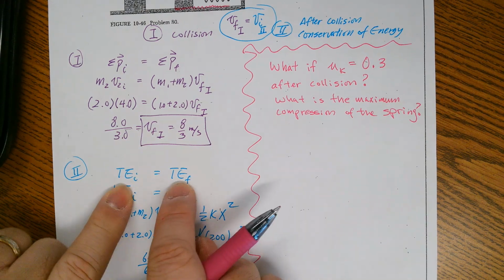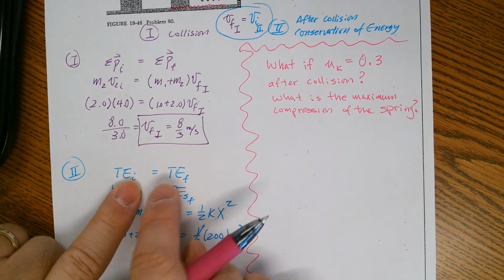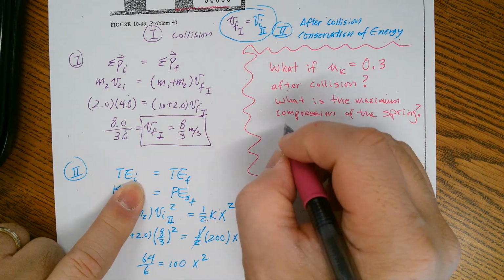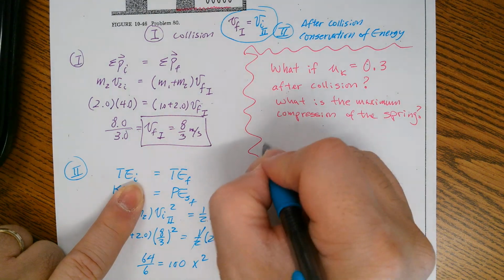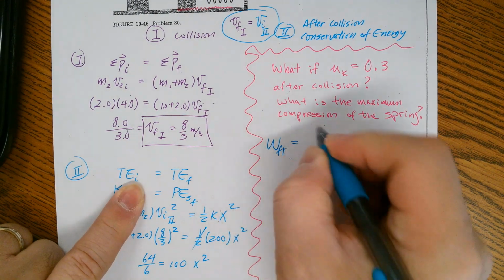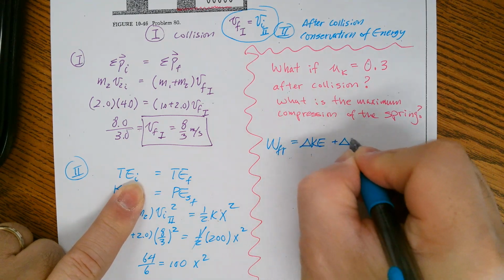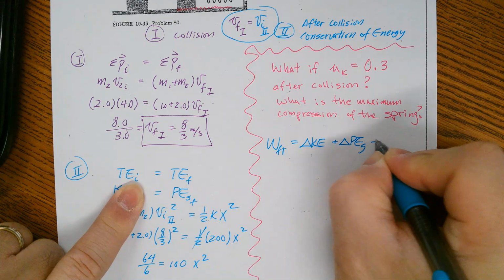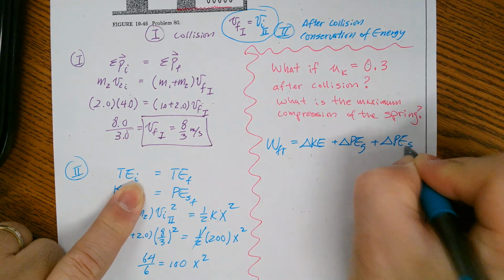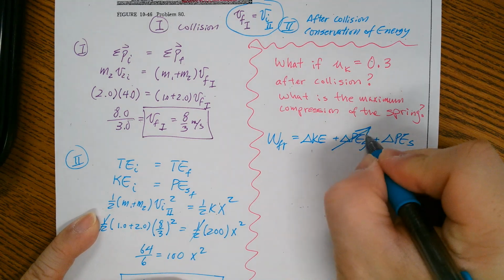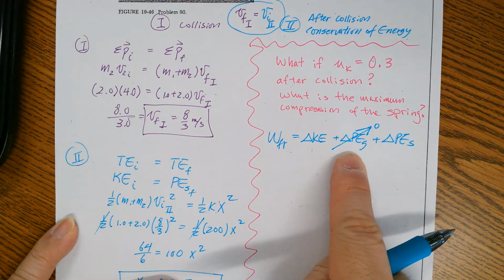However, we cannot use conservation of energy here. We have to use work done by friction equals change in kinetic energy plus change in gravitational potential energy plus change in potential energy of the spring. Obviously, the gravitational term goes to 0.